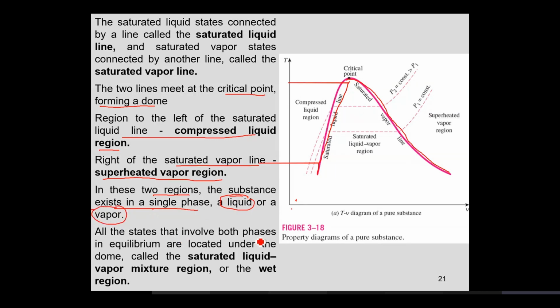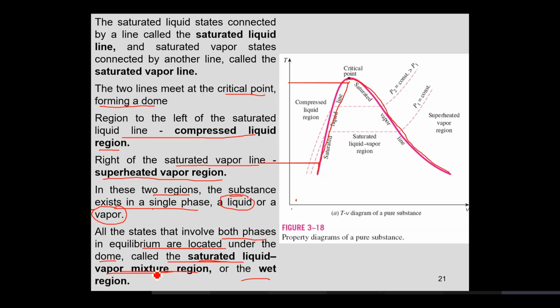And all the states that involve both the phases in equilibrium are located under the dome, and these are called saturated liquid vapor mixture region or wet region. Is this point clear? Are there any questions so far regarding what we have covered? Clear hai sir. All right, great.